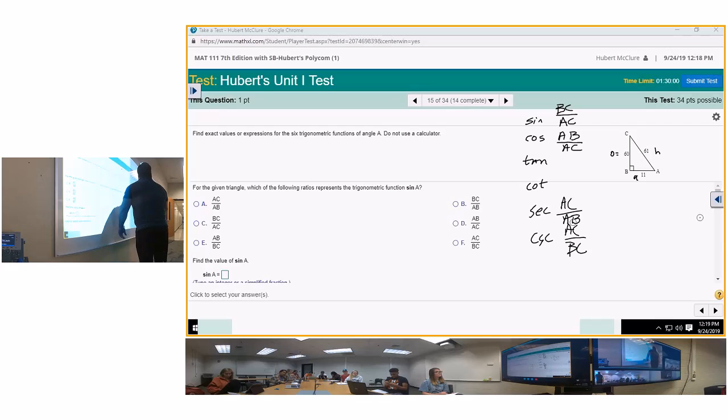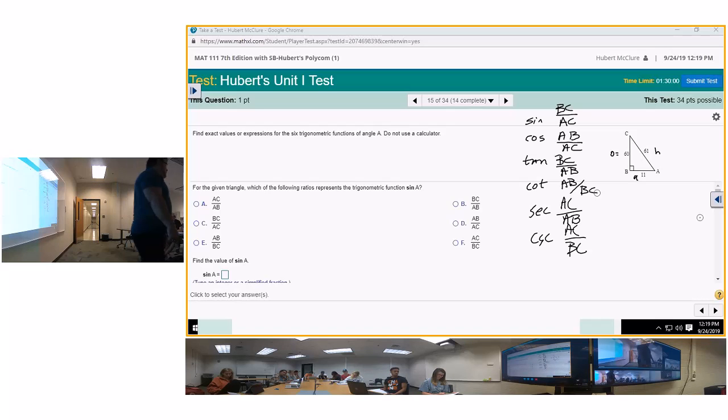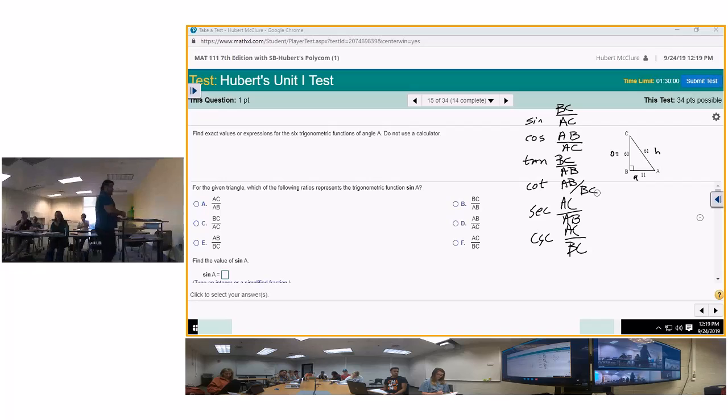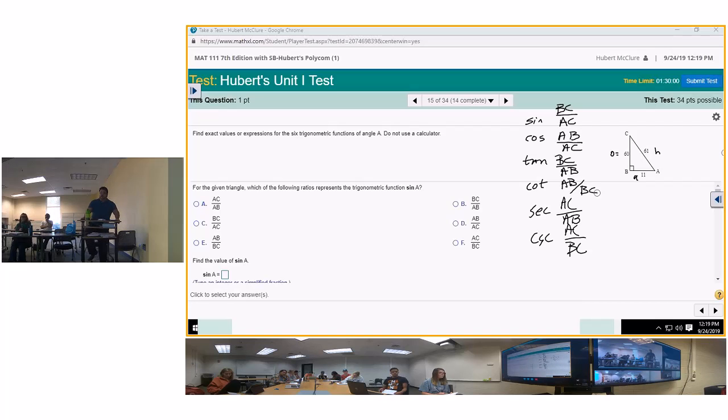And then tangent is going to be BC over AB, cotangent is AB over BC. And then, of course, fill in the numbers. I'm not going to do all that, but y'all can do that. Remind me to look at number 14.